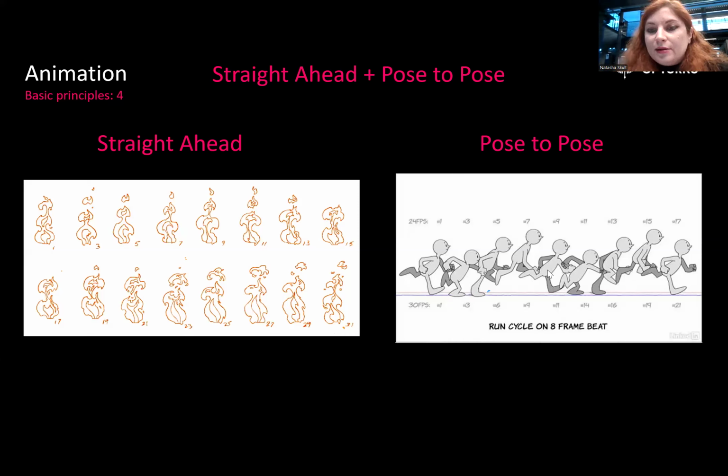But as you can see, in pose to pose we are much more in control, and we can make these shortcuts that we can just switch around and make way easier, just by changing, let's say, the coloring. While if we did this with fire, there is a risk it won't feel as organic as if you go straight ahead and let it flow in whichever shapes the fire might take, because it depends what kind of fire you're making.